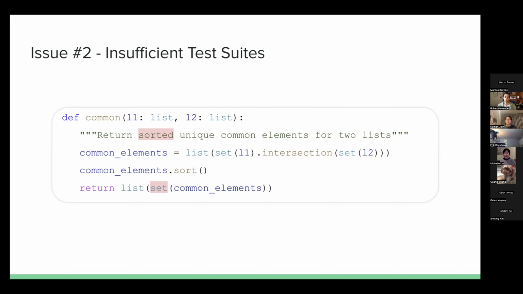And you did not have sufficient test cases to actually check whether the list is sorted or not. So you would need to improve the test case quality to give some reasonable estimate of the score. Otherwise, you are overestimating the performance of the model if you're testing it on very weak test cases.